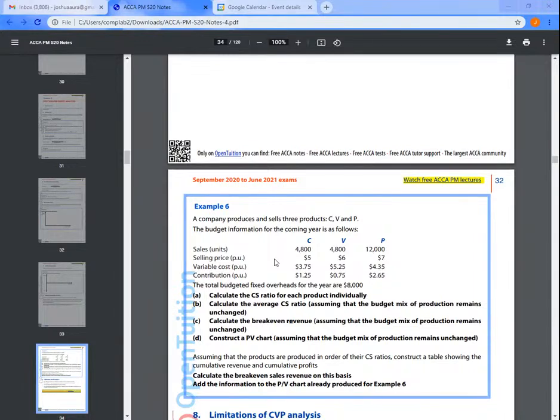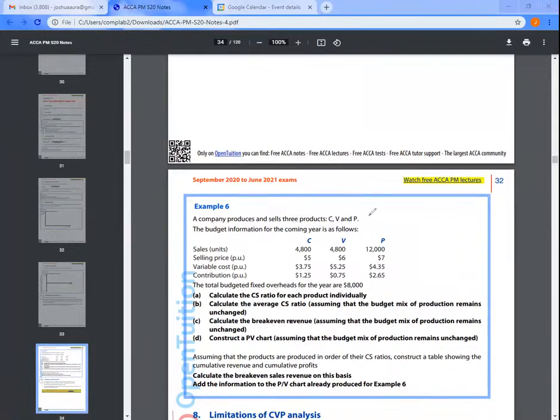Just check again your figures. Check your figures for contributions and the sales. And then we see where we've gone wrong. 6,000. Where is this 6,000?